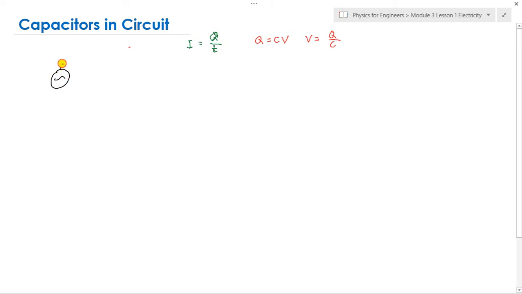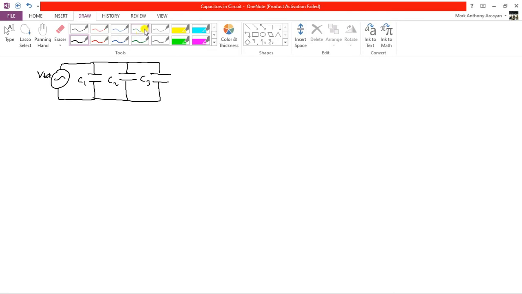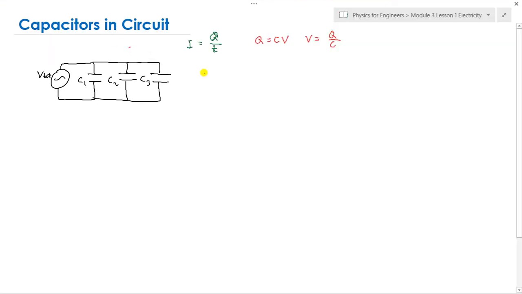So let's say we have here a power source, one capacitor, then two, then three, and so on and so forth. So C1, C2, C3, and we have the total voltage here, or the voltage source. Since this is a parallel connection, automatically I total is just equal to I1 plus I2 plus I3, or summed up.